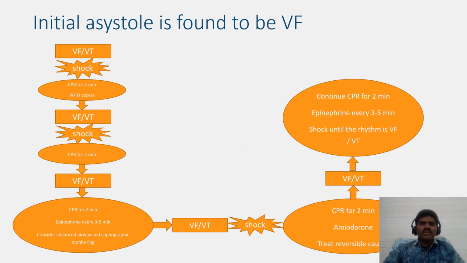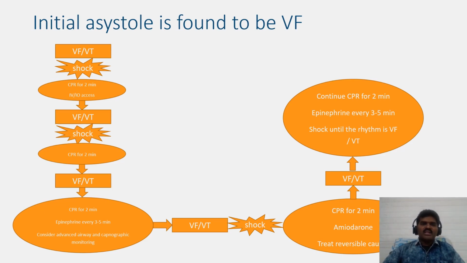If the initial asystole is found to be VF, you follow the algorithm for a shockable rhythm where VF or pulseless VT is there. Initiate CPR. Defibrillate the patient as early as possible during the first cycle. CPR for 2 minutes. Within the 2 minutes, either IV or IO access has to be obtained.